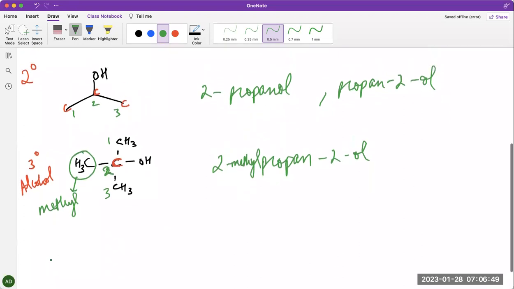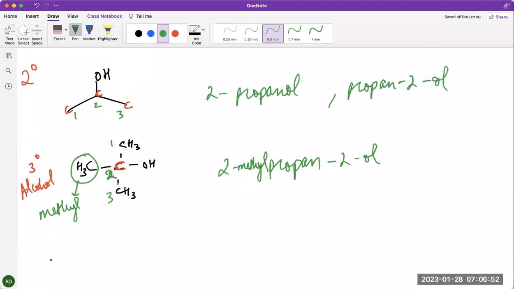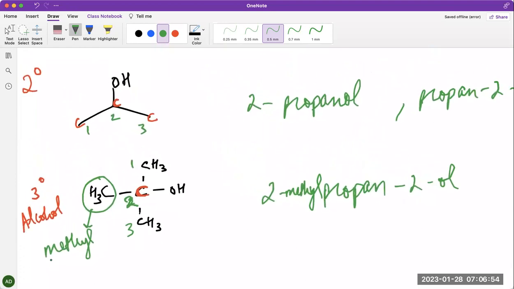Now, since these two molecules drawn here are very common molecules, they actually have common names, and I would want you guys to remember them. Whenever you see 3 carbons like that propane, where the attachment of the functional group is on the second carbon of the propane, that is called isopropyl.